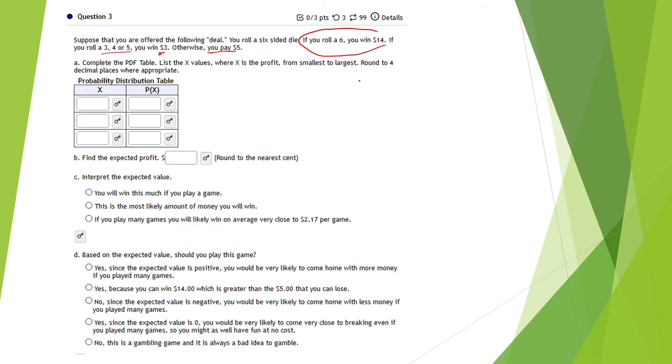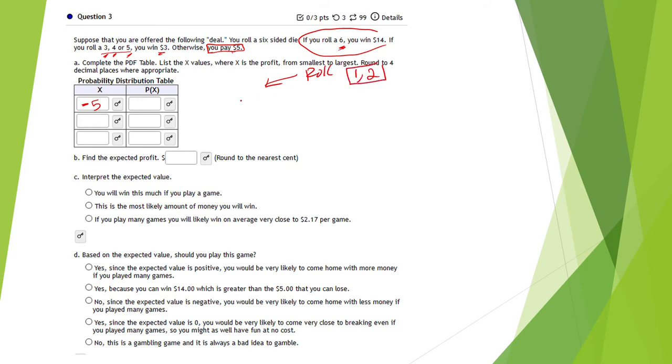So we'll start with the smallest value of X, and that's going to be negative $5. Remember, we can lose $5, so we're going to put negative 5. Now, how do we lose $5? Well, we have to roll something besides a 6, 3, 4, and 5. So that's going to be a 1 or a 2.